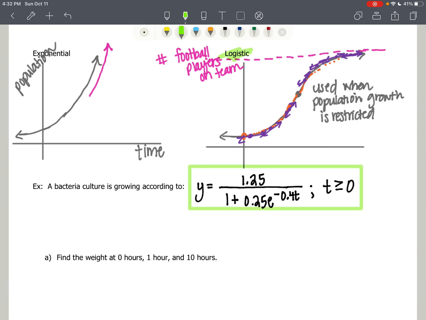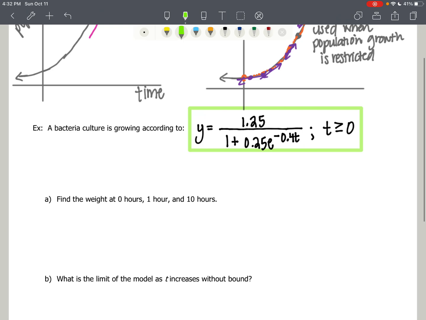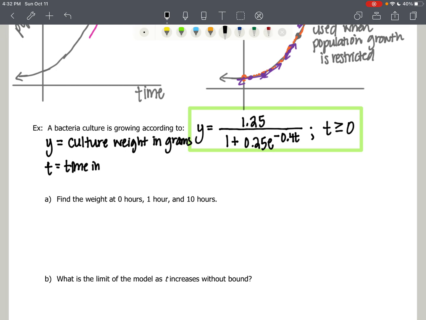So I'm color coding. Y is equal to the culture weight in grams and T is equal to the time in hours from the initial weight.